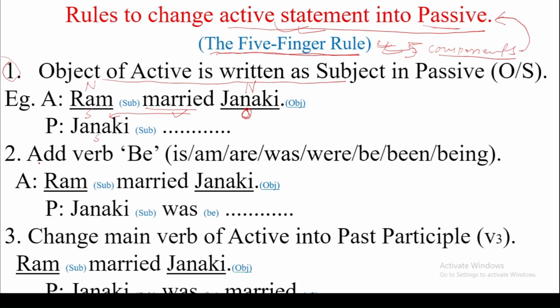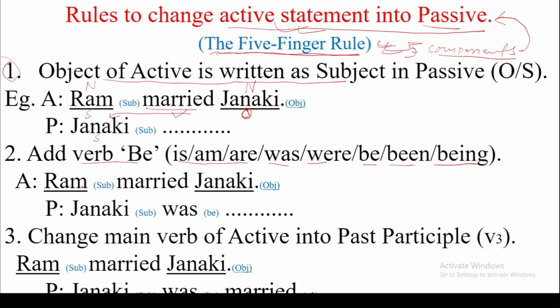The second rule is that we add verb be. Verb be means is, am, are, was, were, be, being, and been. So these are the verb be forms we use in passive voice. After changing object as subject, we add verb be according to tense and aspect.